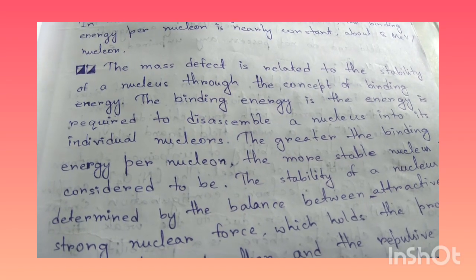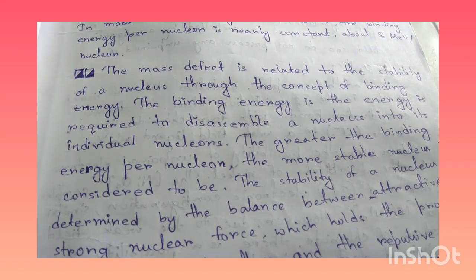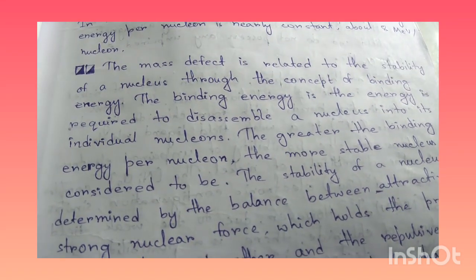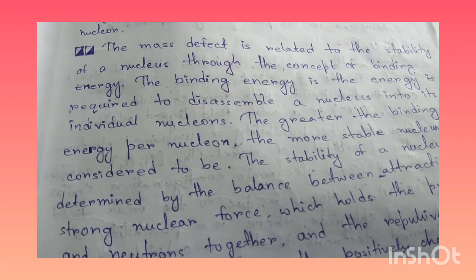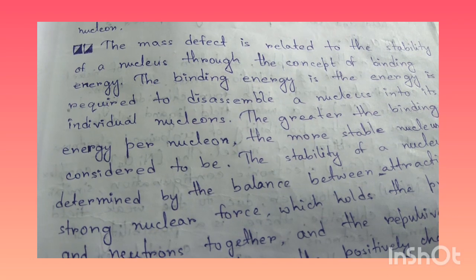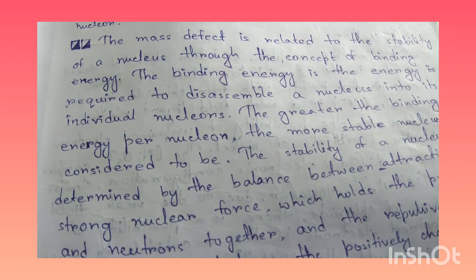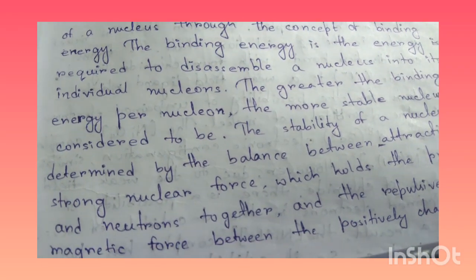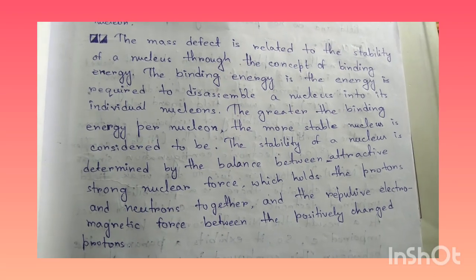The greater the binding energy per nucleon, the more stable the nucleus is considered to be. The stability of a nucleus is determined by the balance between the attractive strong nuclear force, which holds the protons and neutrons together, and the repulsive electromagnetic force between the positively charged protons. So you see here the third part.